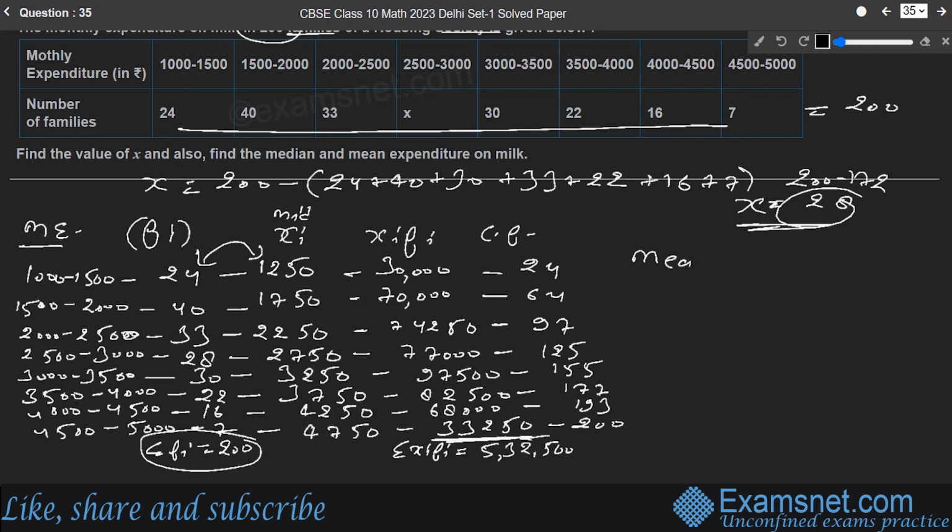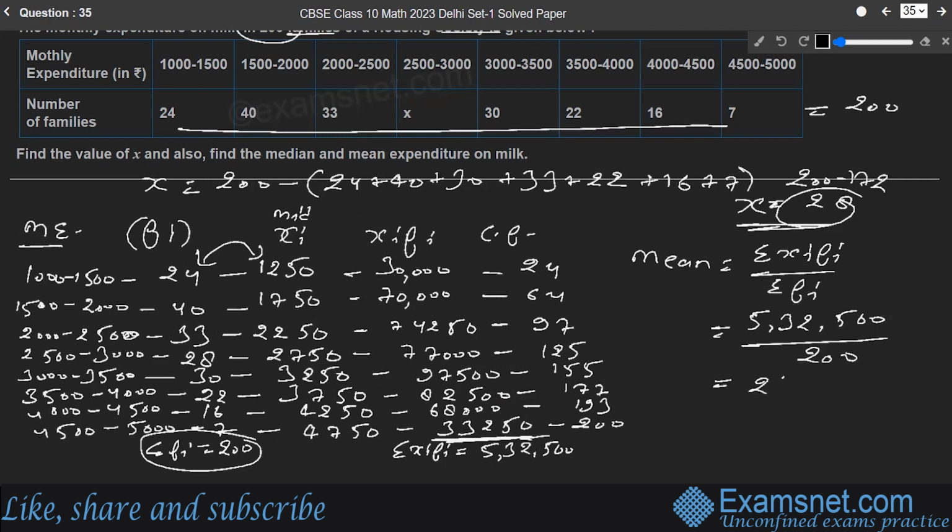The formula for mean is summation xi fi over summation fi, which is 5,32,500 divided by 200. This gives 2662.5 rupees. That is the mean value, which was asked in the first part. So the mean value has been calculated.